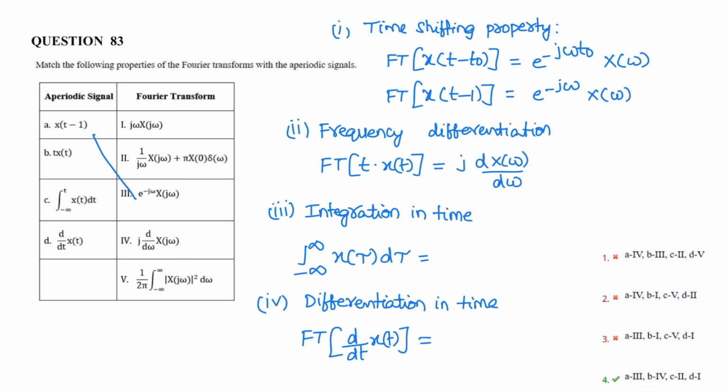The integral from minus infinity to t of x of t dt is equal to 1 by j omega X of omega plus pi X of 0 delta of omega. Next, differentiation in time. The transform of d by dt of x of t is j omega X of omega. So the correct option is 4.